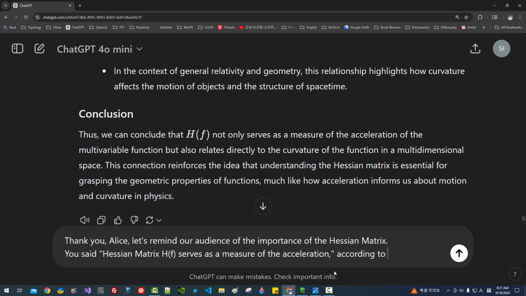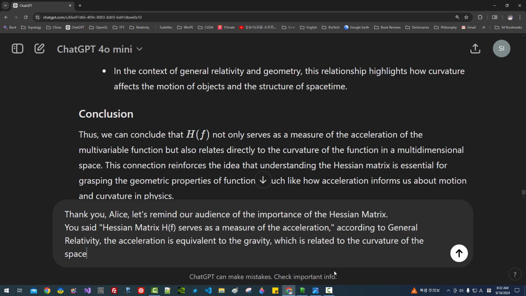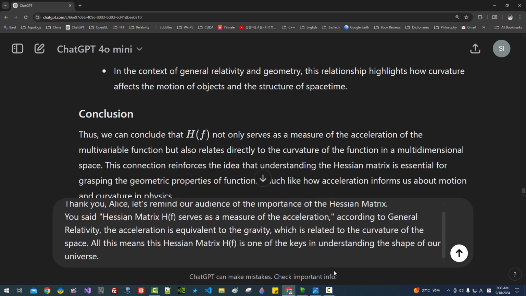According to general relativity, acceleration is equivalent to gravity. The gravity is related to the curvature of space. All this means this Hessian matrix is one of the keys to understanding the shape of our universe.